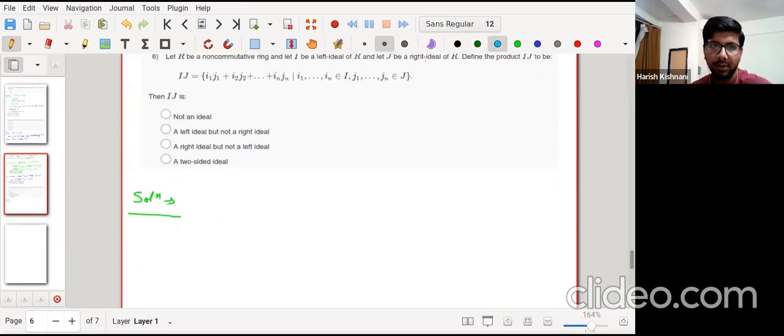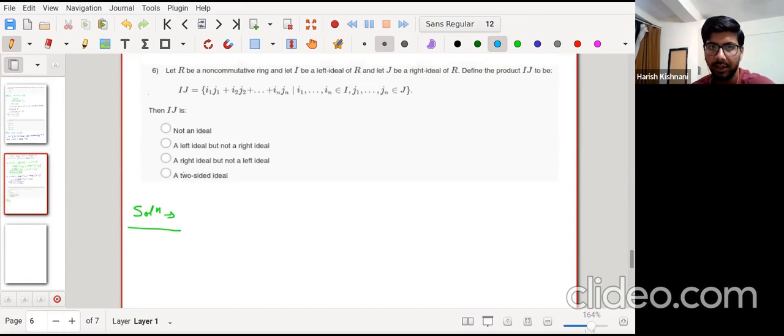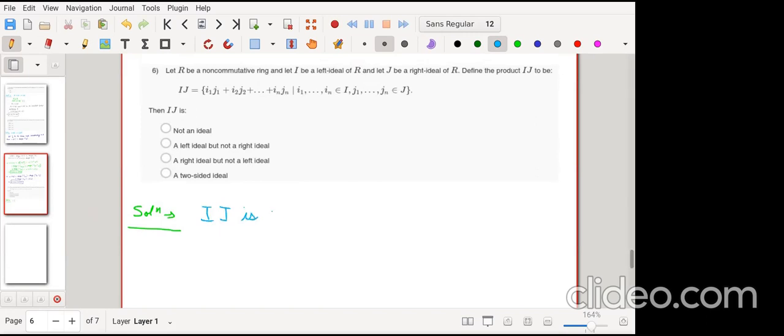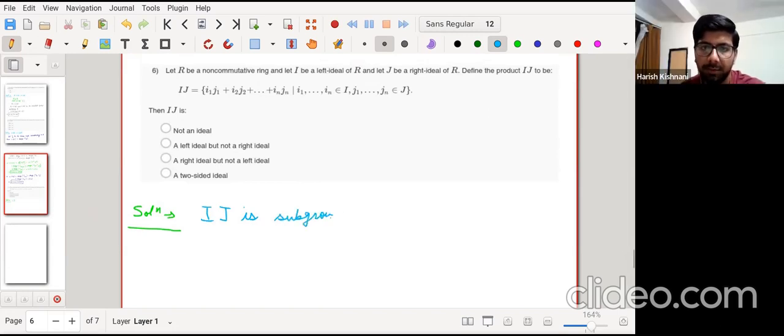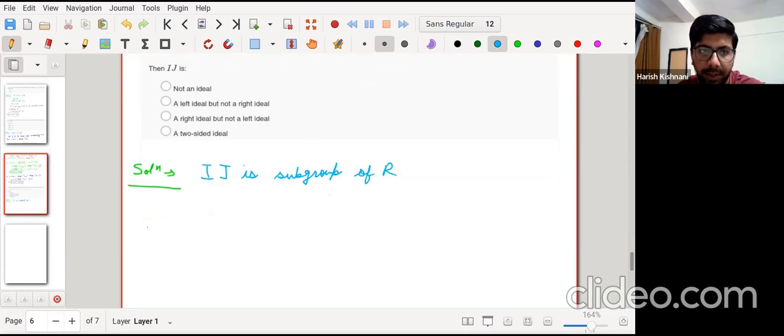So simply take. I'm leaving it to you that this IJ is an abelian group. Rather than abelian, I should say it's just a subgroup of R. Now I will just check the ring ideal property.